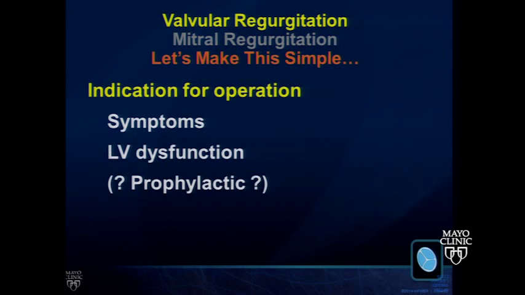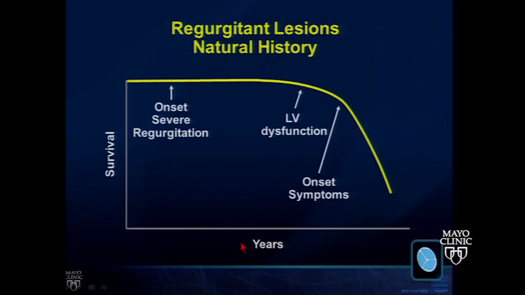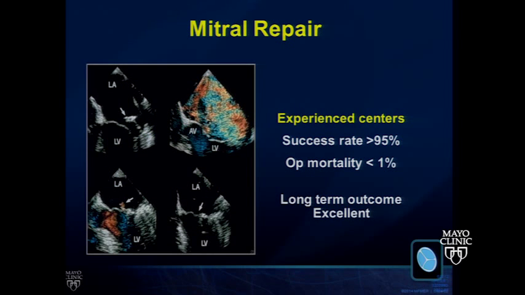I think what ideally you'd like to do is get to the patient before they develop left ventricular dysfunction and before they develop symptoms, and that's that prophylactic category. In other words, what's the ideal operating time to be able to prevent left ventricular dysfunction and the onset of symptoms?